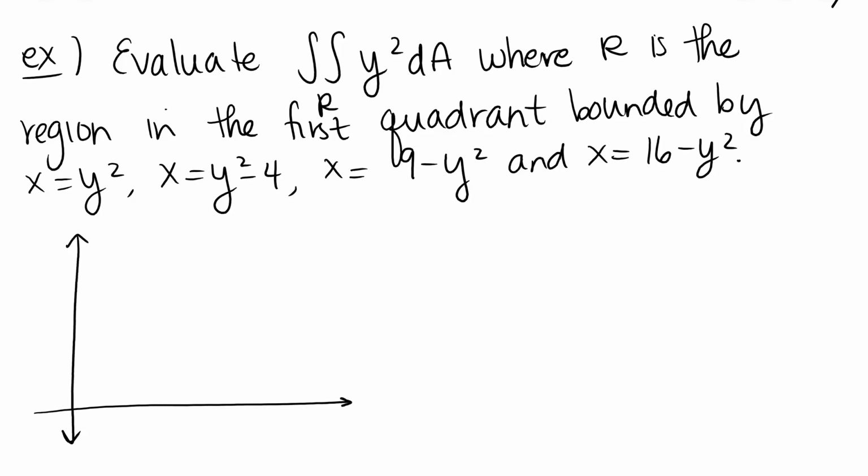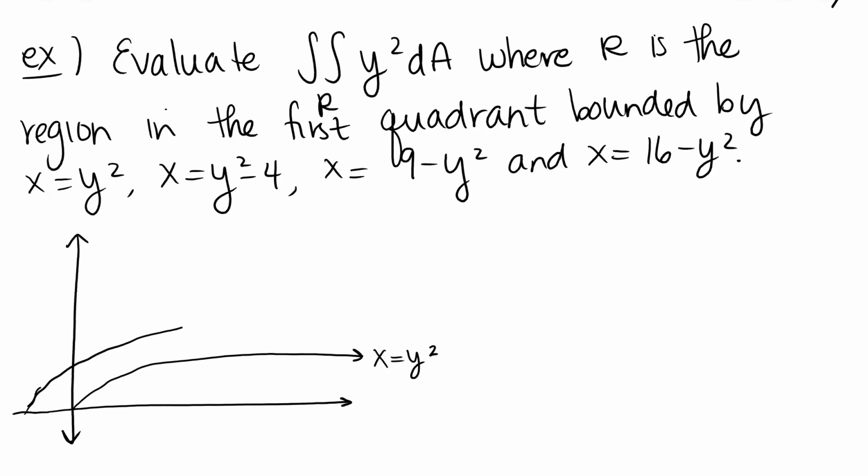Let's see if we can figure out what sort of substitution. Now, I know I'm in the first quadrant, right? Here's what else I know. I know that these are just parabolas. So x equals y squared is just going to be a parabola like this, right? This is x equals y squared. And then the graph of y squared minus 4, when y is 2, we're going to be at 0.